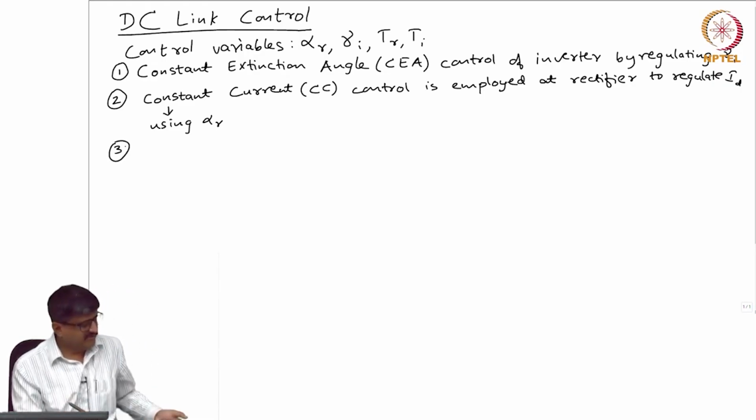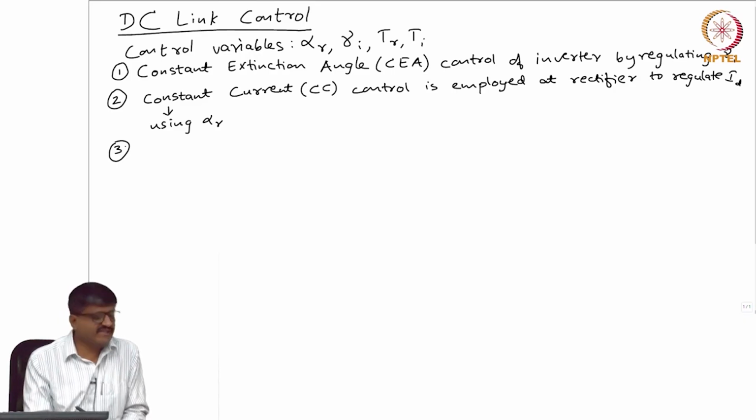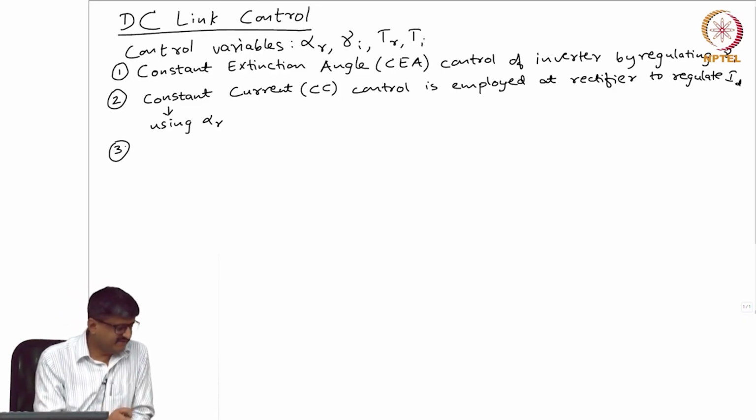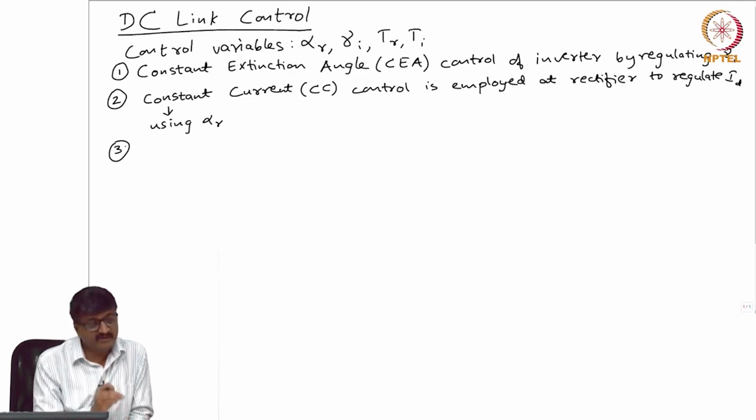Then we also use the 2 slow controls, TR and TI. TR is the on-load tap ratio, actually the off nominal tap ratio at the rectifier side, which has a nominal value of 1.